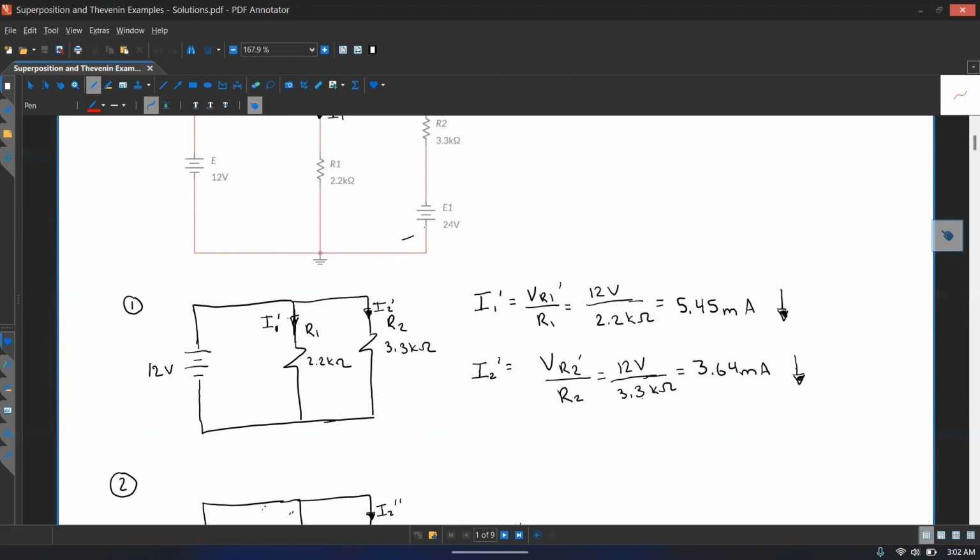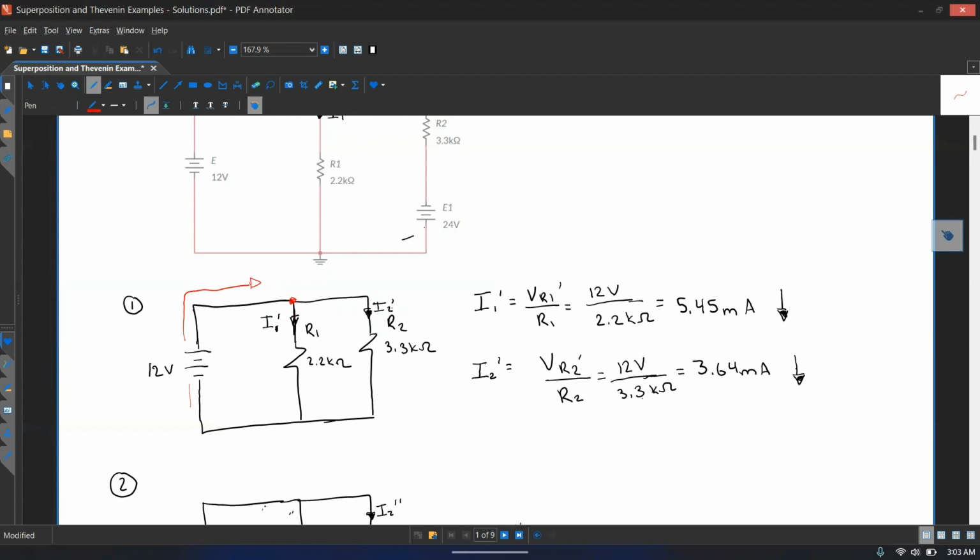So we always want to assume that the current is flowing from negative to positive, meaning that the current is flowing in this direction. Come to this junction point right here. We're gonna call this I1 prime that's flowing down, and then the current that's flowing in this direction through R2, we're gonna call this I2 prime.